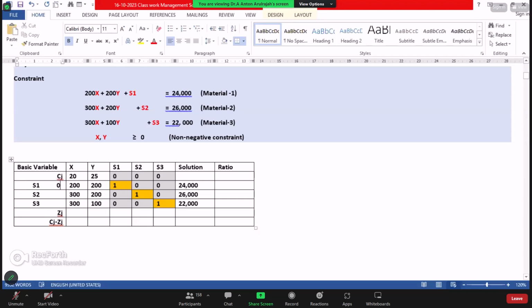We have to put this 0 here. Also, we have to put this 0 here.